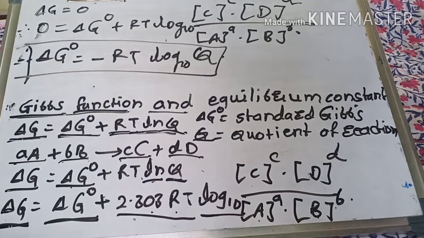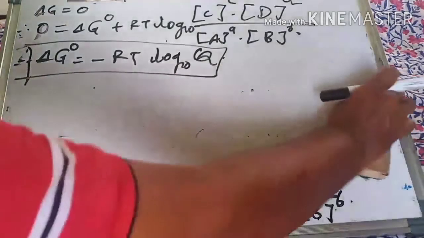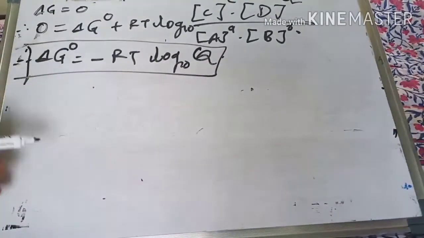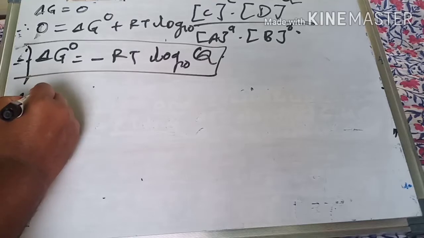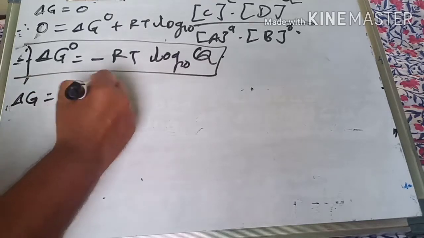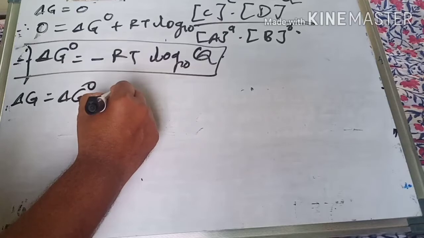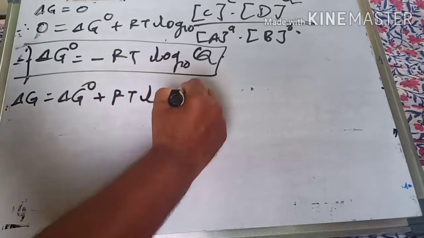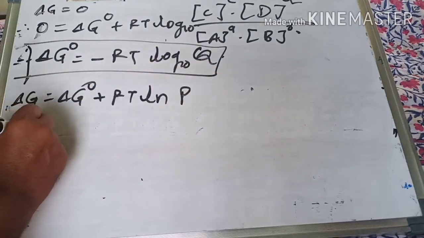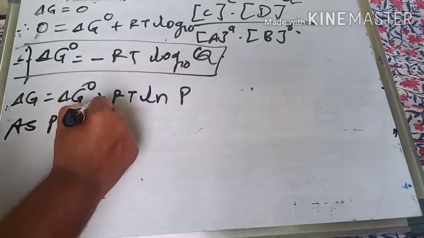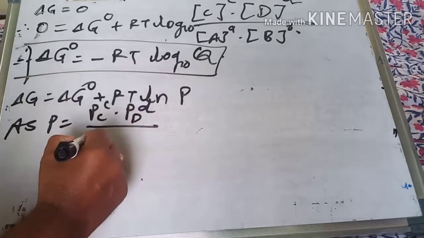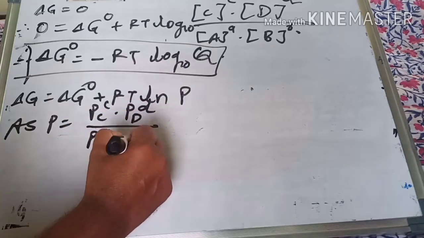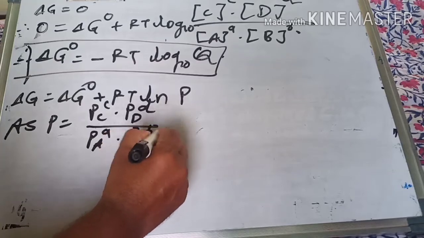If we consider this quotient with respect to pressure, then the equation becomes delta G is equal to delta G0 plus RT ln Qp, where Qp is equal to PC raised to c into PD raised to d upon PA raised to a into PB raised to b.